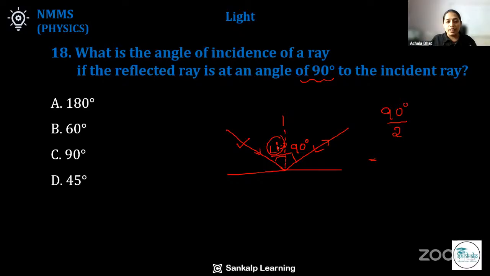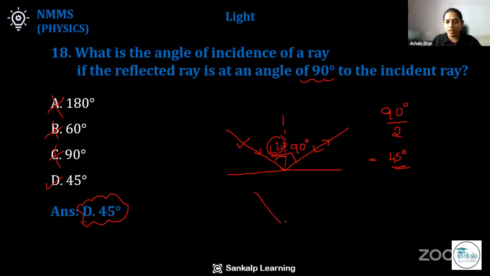The angle of incidence and angle of reflection are both equal. So 90 degree divided by 2, therefore the correct option is option D, 45 degree. This is the correct answer. Other options are incorrect. When I draw the normal, this part is equal to this part. Therefore, it is 45 and this is 45.